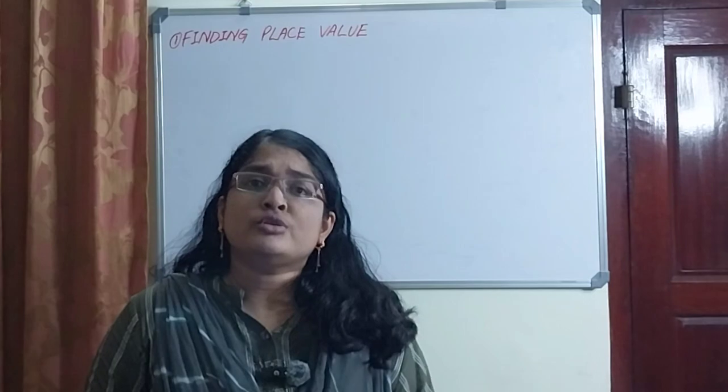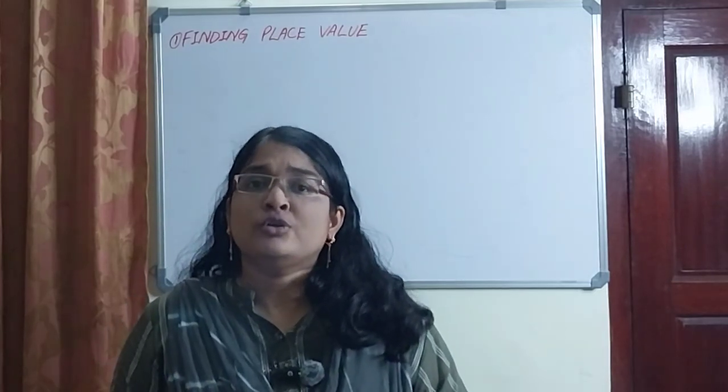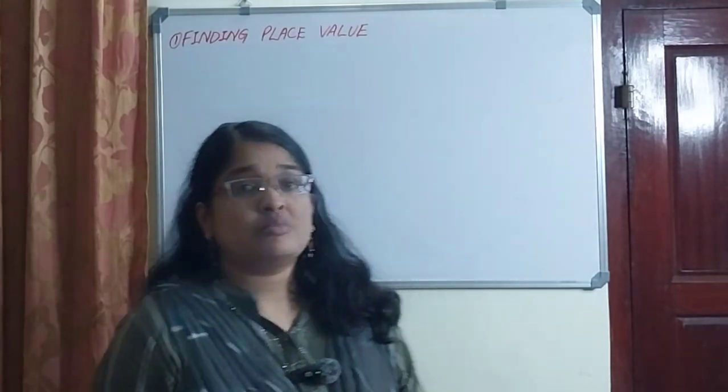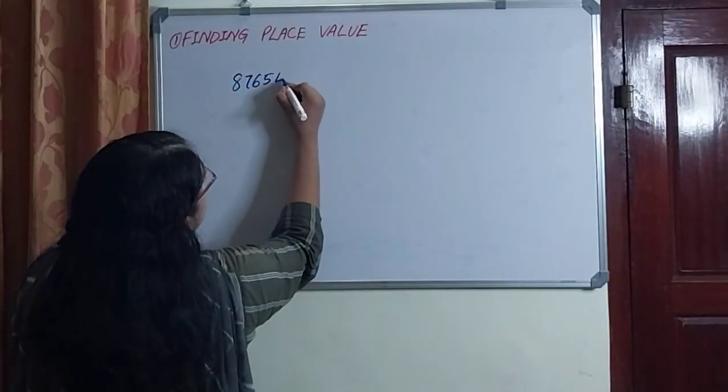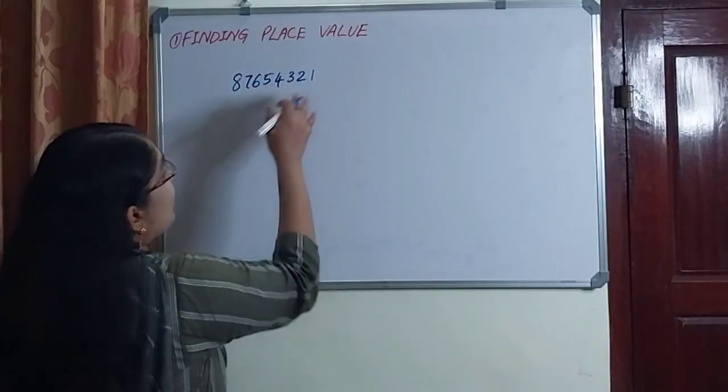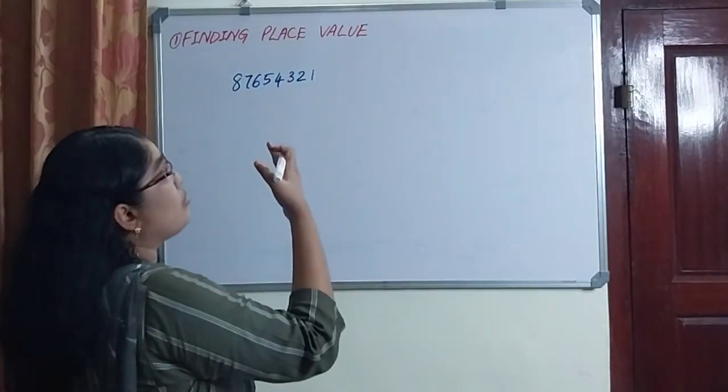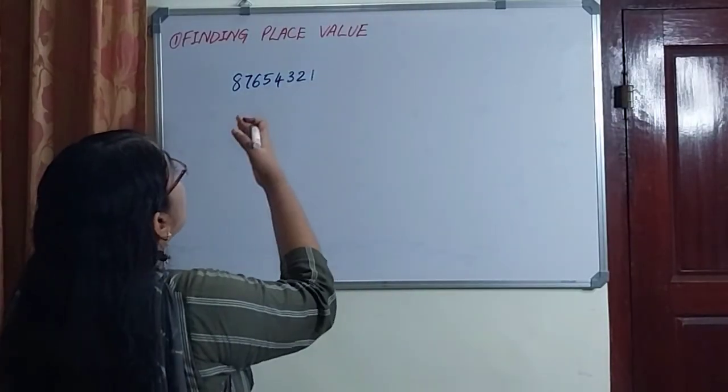It is important to know the place value of digits in a number to know how to read the number. Suppose we have a larger number like this. This is an 8-digit number. We need to read this number. For this, we need to find the place value of each digit.